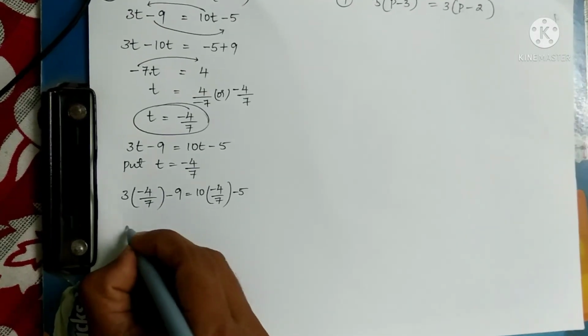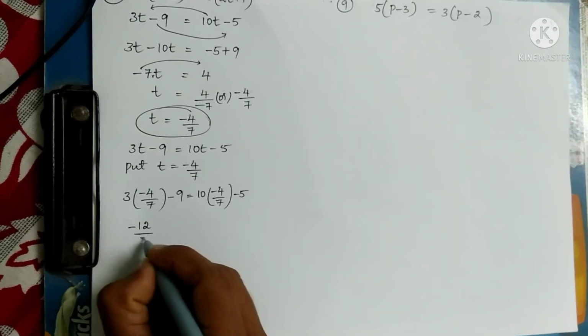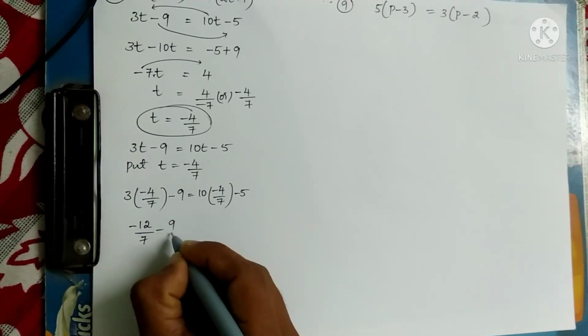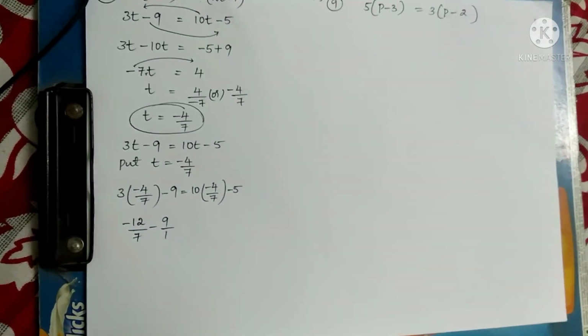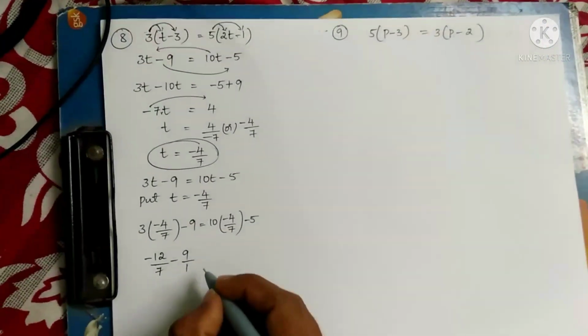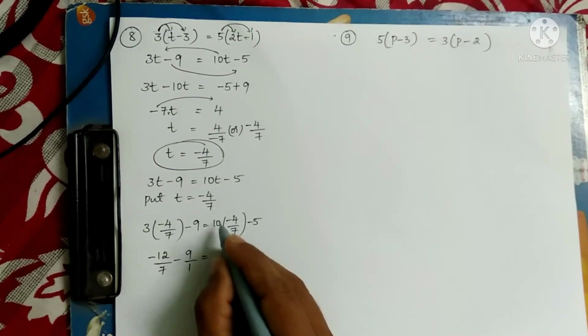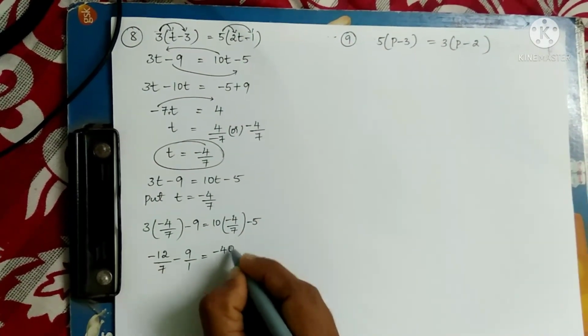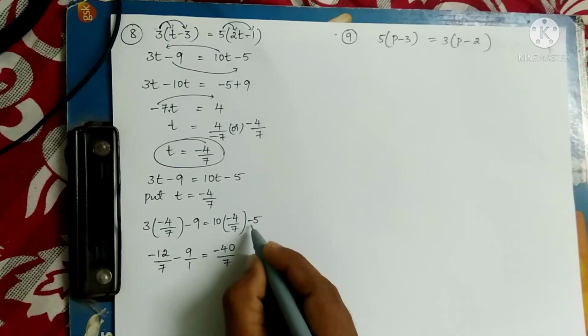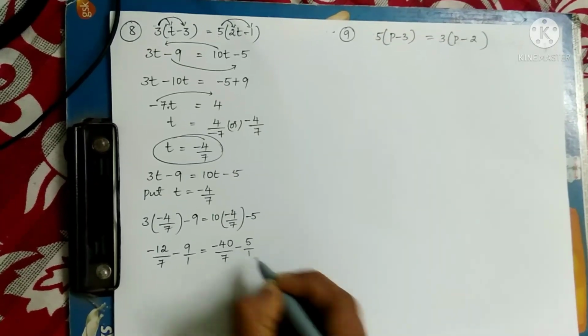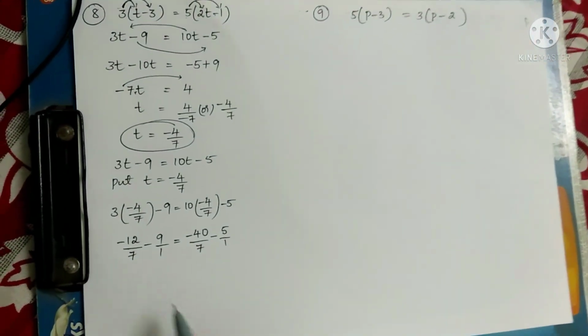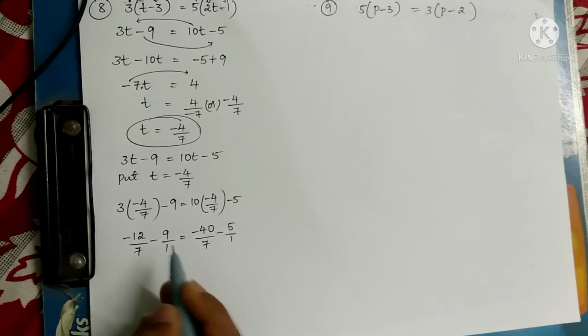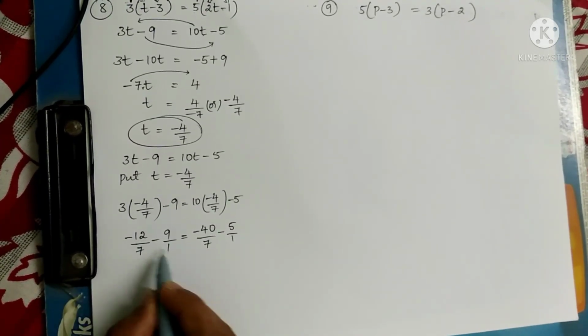So 3 into minus 4 is minus 12 by 7, as it is, minus 9 divided by 1. Minus 9 can be written as minus 9 by 1, which is equal to 10 into minus 4 is minus 40 divided by 7, as it is, minus 5 can be written as minus 5 by 1. So what is the LCM here? 7. So we can cross multiply here.